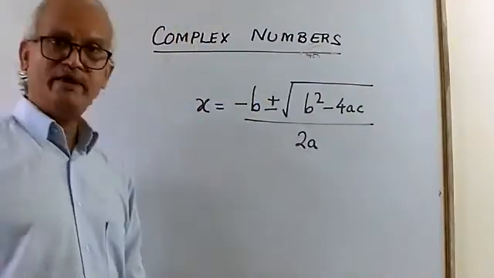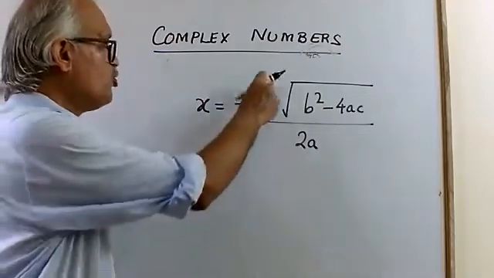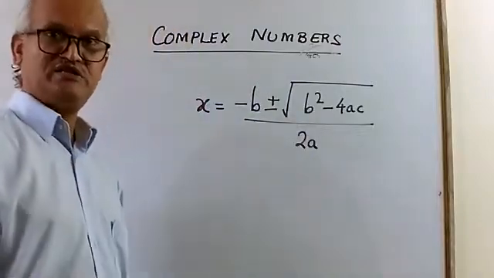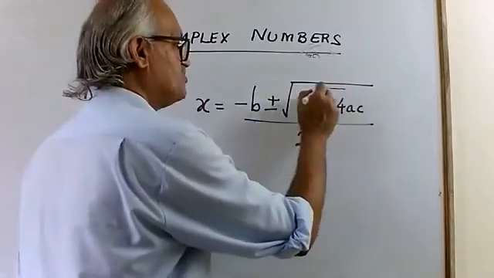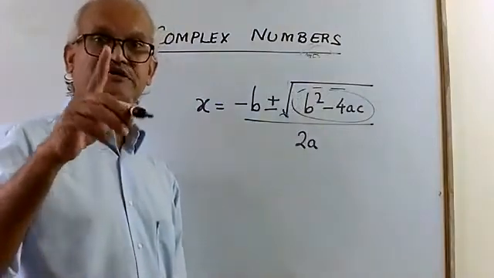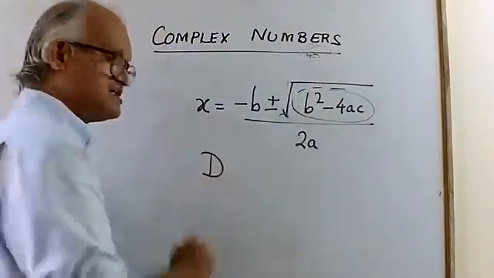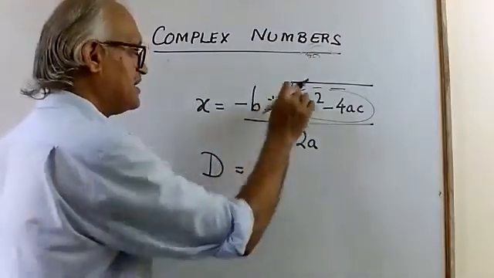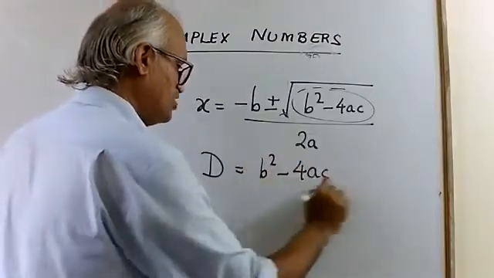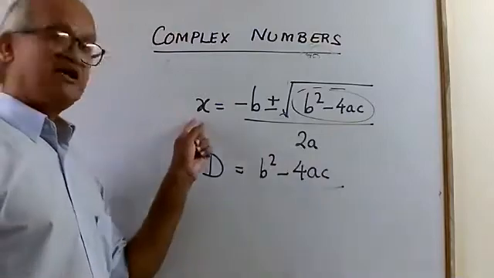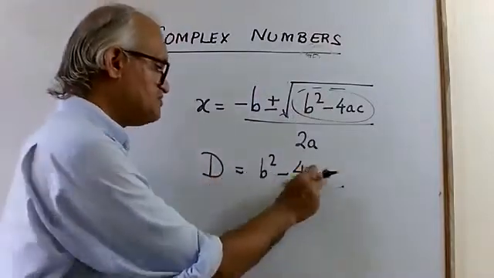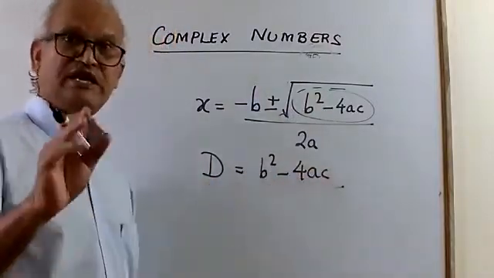So this quadratic formula gave you two possible roots. But when you express this, you also learned one condition together with this. You were taught that this part which is under the square root sign is called the discriminant, and you can represent it as capital D, and capital D then becomes this expression, b square minus 4ac, and the given roots are represented by this, provided this particular part is not less than 0.